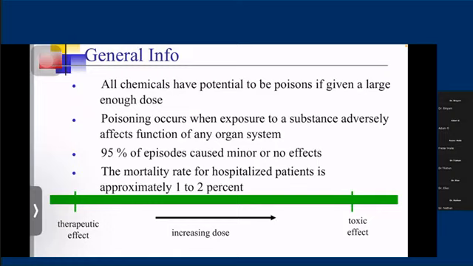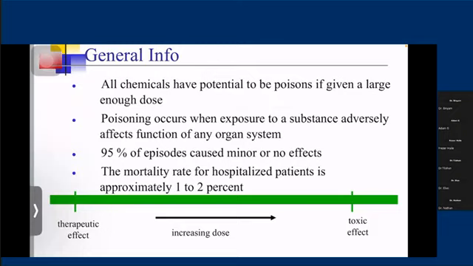The exposure can be via ingestion, which is the most common route, and also inhalation, subcutaneous, and other injections. Fortunately, 95% of episodes cause very minor or no effect, but the remaining 5% can lead to hospital admission and also mortality, with around 1 to 2% of hospitalized patients dying due to poisoning.